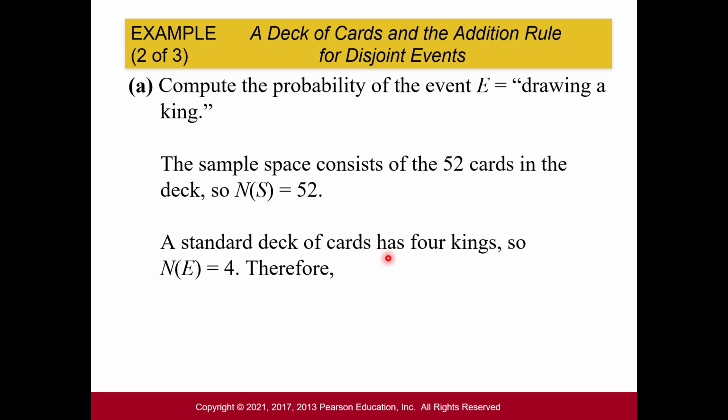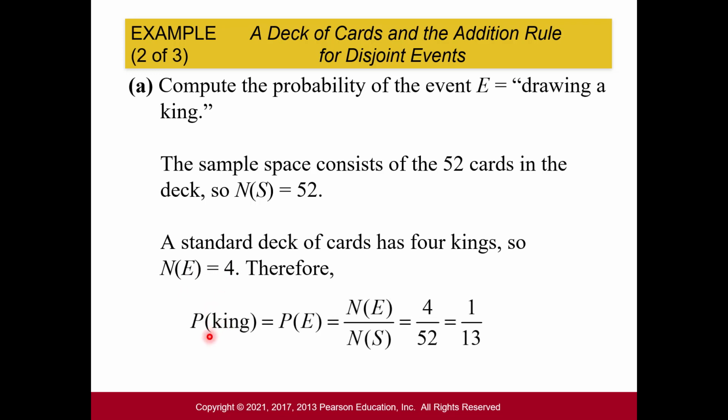And a standard deck has 4 kings in it. So the number of outcomes of our event is 4. Therefore, the probability of drawing a king, if we use our empirical method, is the number of outcomes of our event divided by the number of outcomes in our sample space, which is just 4 out of 52. Or we can simplify that and say that it's 1/13.